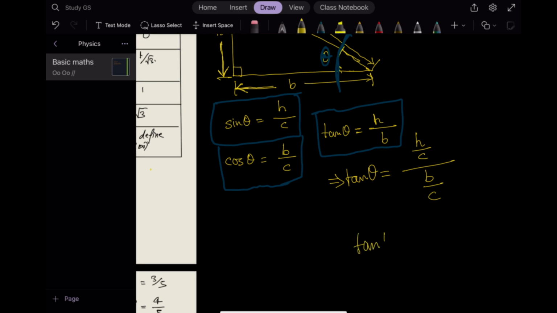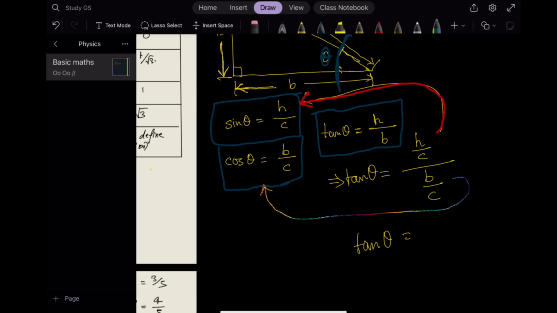Then h by c means sine theta, and b by c means cos theta. So I can write tan theta equal to sine theta divided by cos theta. So here is another important formula which you need to remember.